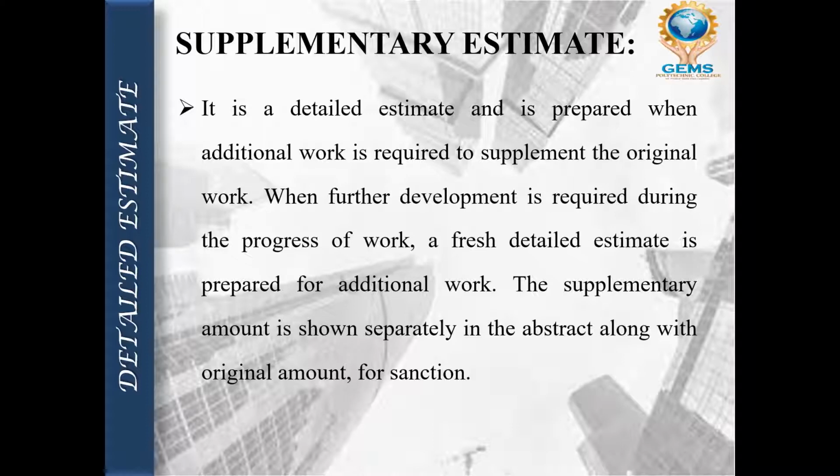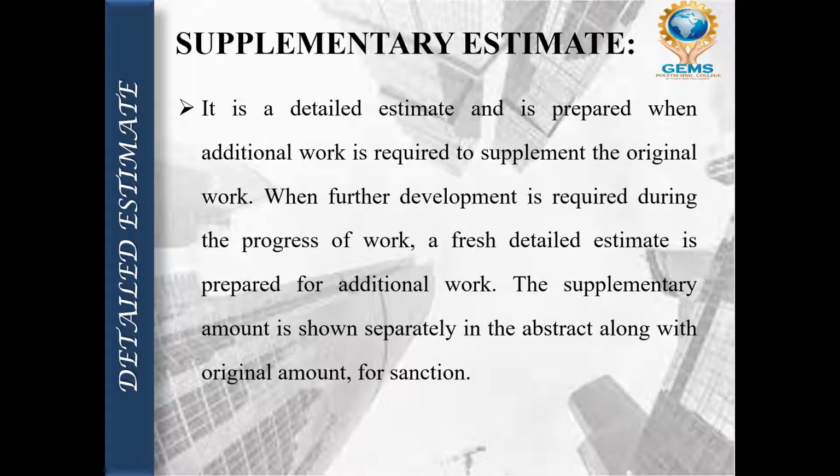When further development is required during the progress of work, a fresh detailed estimate is prepared for the additional work. Finally, the supplementary amount is shown separately in the abstract along with the original amount of sanction. First we have the original amount of sanction, where we got the sanction for the original amount. We already designed and planned the detailed estimation, and we have already got the sanction.